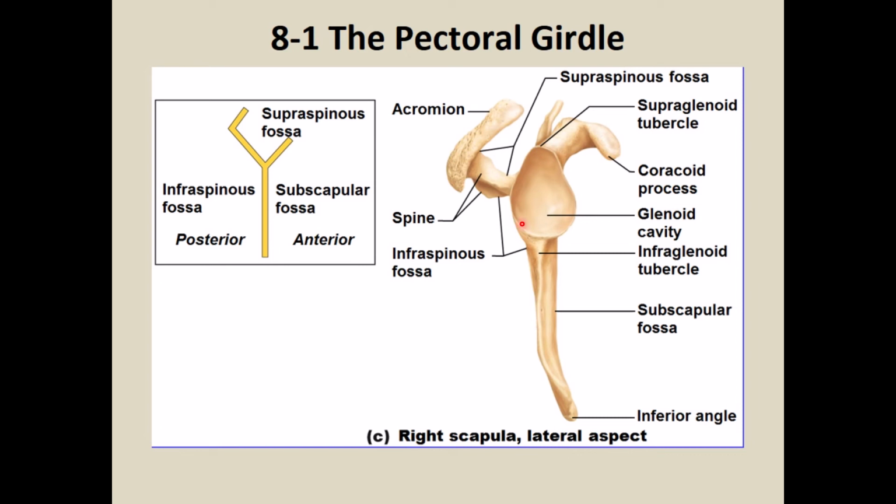Posterior surface is separated by the spine into the supraspinous fossa and infraspinous fossa. Coracoid process is located anteriorly, and acromion is located posteriorly.